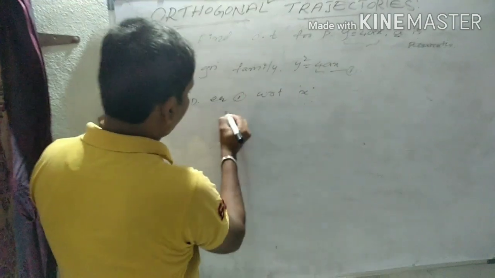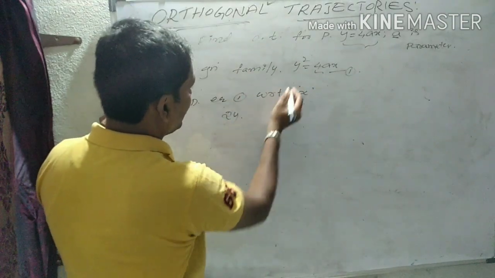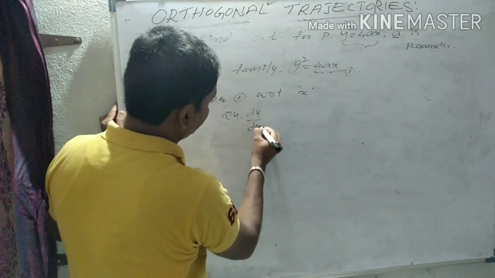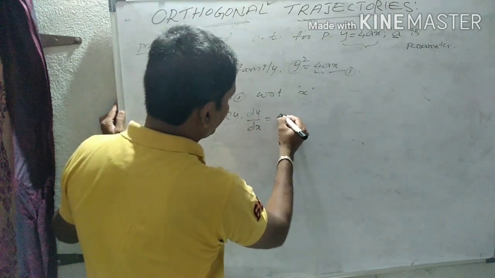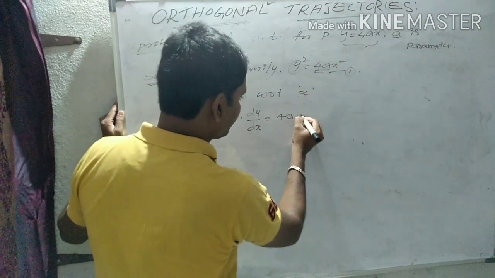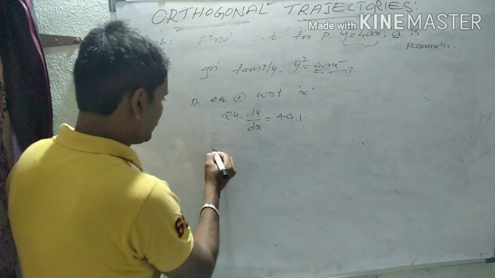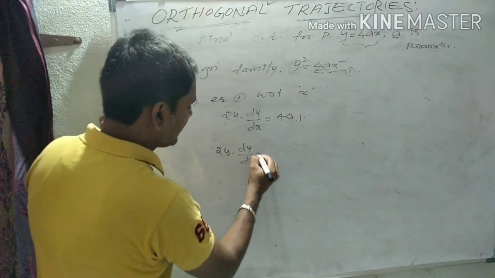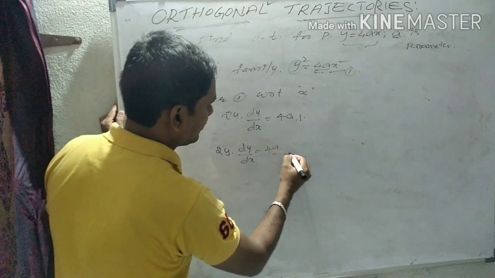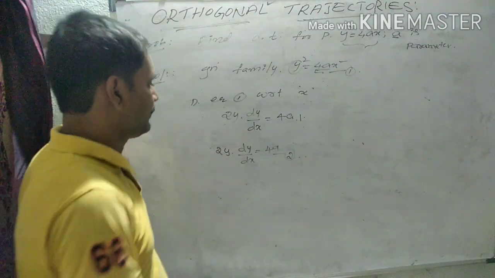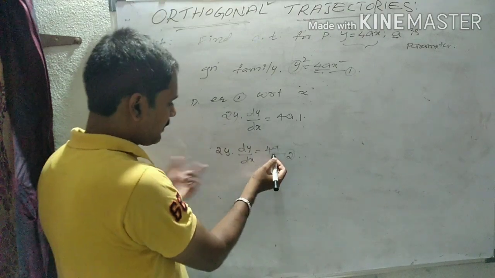So y square derivative is 2y into dy by dx equal 4a, a constant, into x derivative 1. Isn't it? So 2y into dy by dx equal 4a. Let this be equation 2. We can observe 4a equals something.